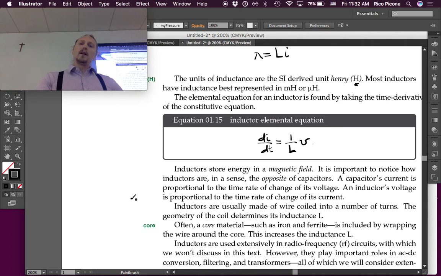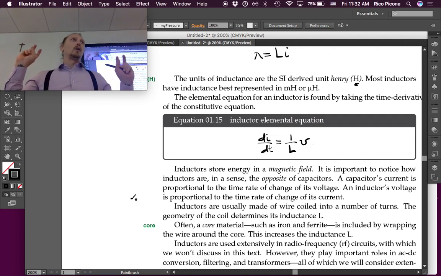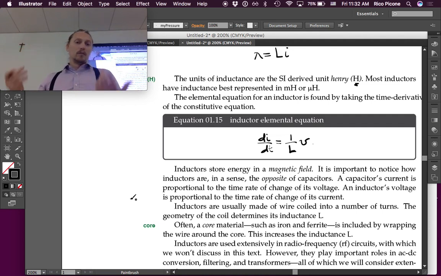Inductors are usually made of wire coiled into a number of turns. The geometry of the coil determines its inductance, L. So the geometry includes things like the diameter of the wire used, the diameter of the coiling, the wrap, the number of turns of the coil, and whether or not there's a core in the coil. So you can wrap it around a core or have what's called an air core, which is no core material.